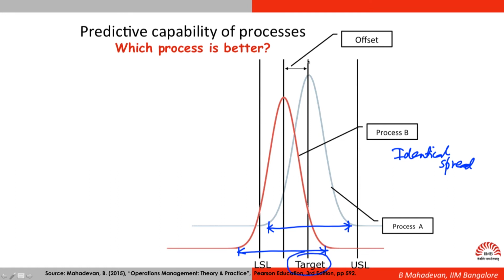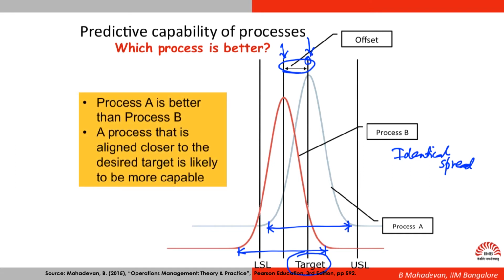The center of process A is the same as the target, whereas in the case of process B, there is an offset indicated here. This is the center of process B and this is the customer's requirement in terms of target. So there is an offset.